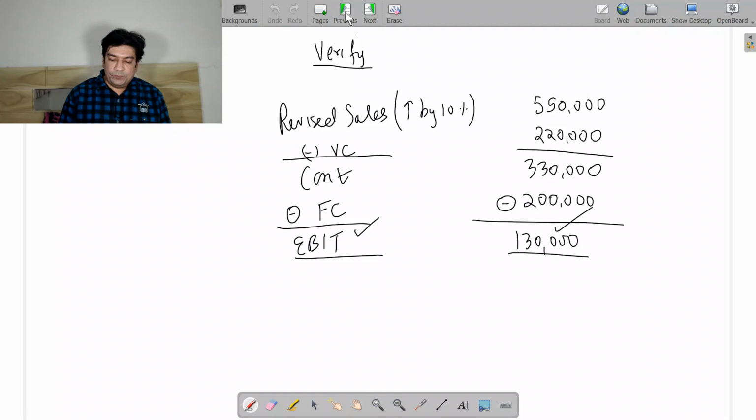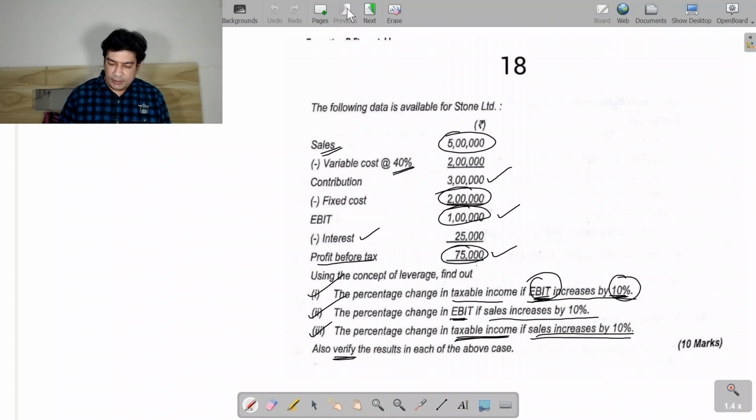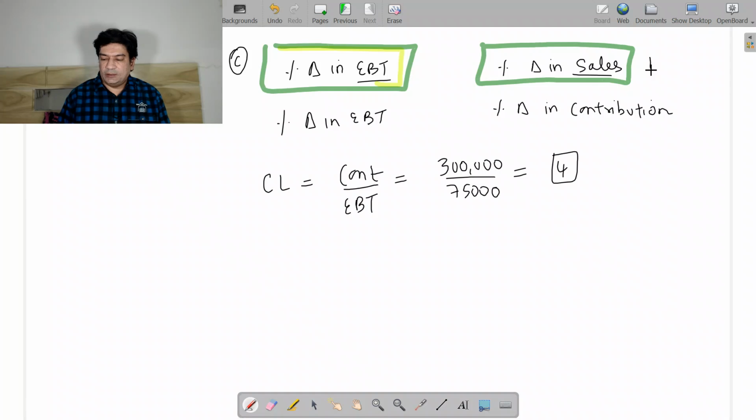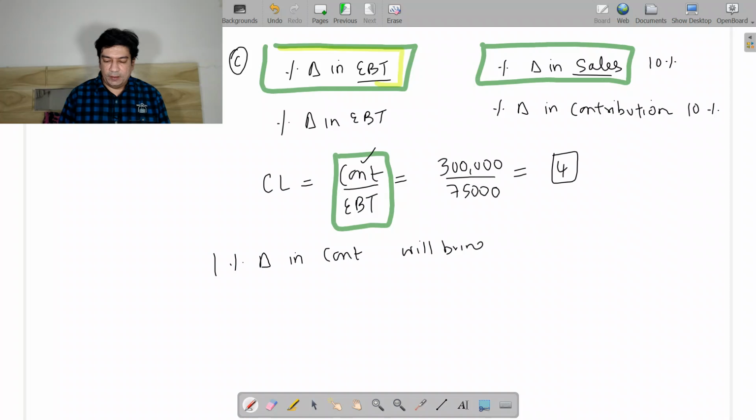Right. Now let us see, the sales have risen by 10%. So if your sales have risen by 10%, your contribution will also rise by 10%. So I am interpreting this part. In this, what you have to interpret is 1% change in your contribution will bring 4% change in your EBT.